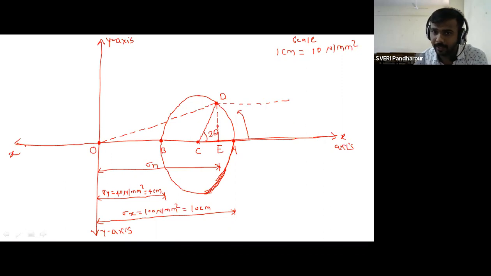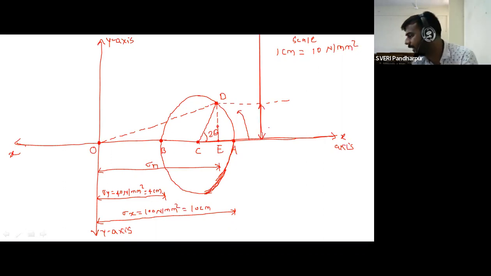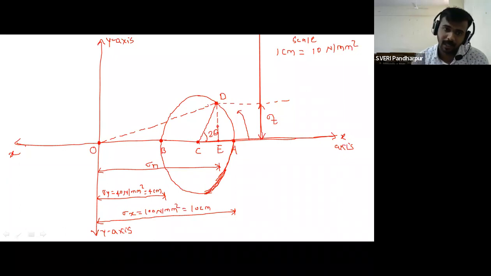That is vertical, correct. The DE distance, from point D to E, will be your sigma t. After that, OD, which we indicated by the dotted line, correct?